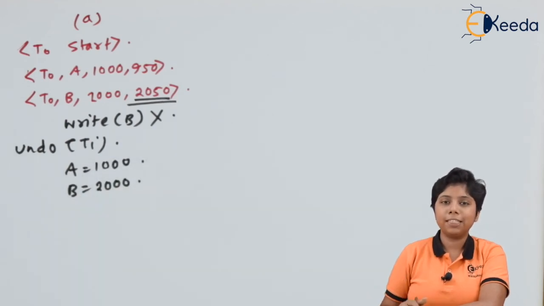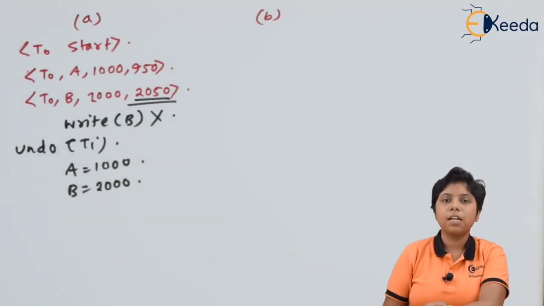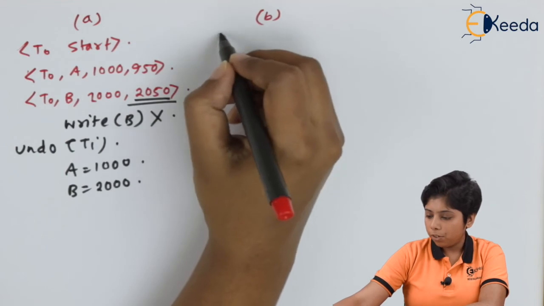Now let us consider another scenario. Again consider the situation that we have completed writing B, started this transaction T1 and then updated the transaction T1 on C, which is deducted by 100. So first we start.